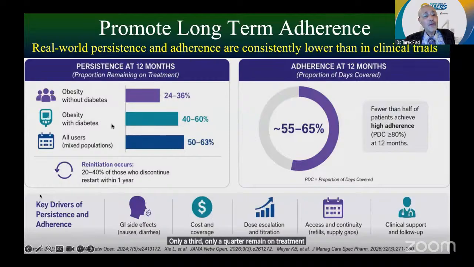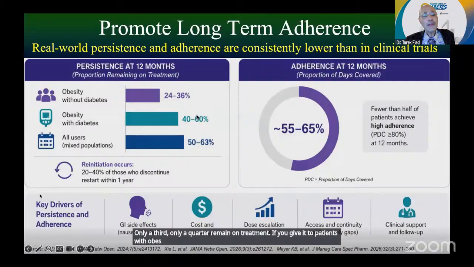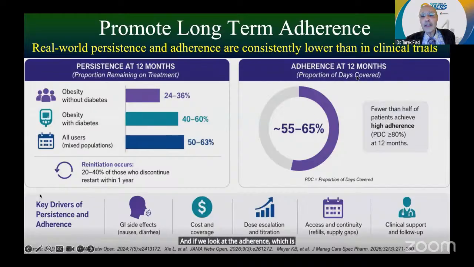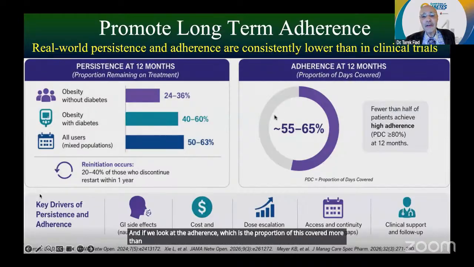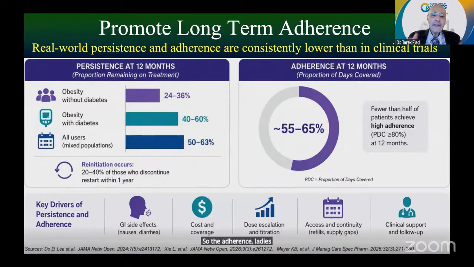If you give it to patients with obesity and type 2 diabetes, half are on treatment. And if you look at adherence, the proportion of days covered, more than 80% of days covered, then again about half to 60% are adhering to therapy. So the adherence, ladies and gentlemen, is very poor.